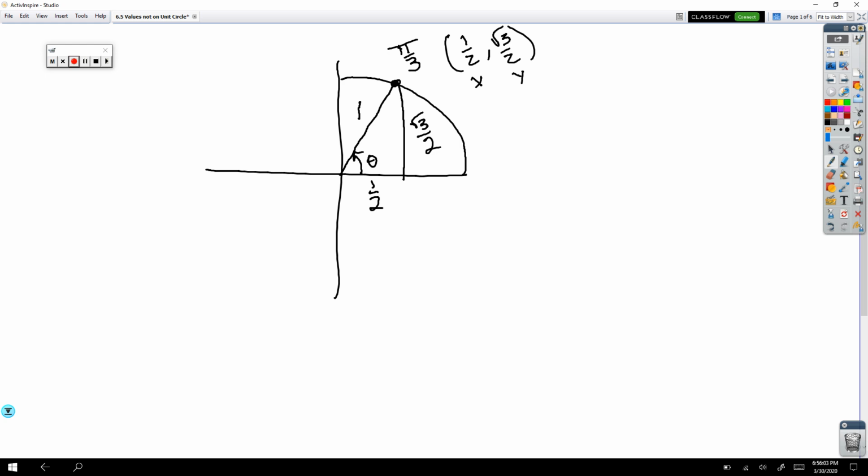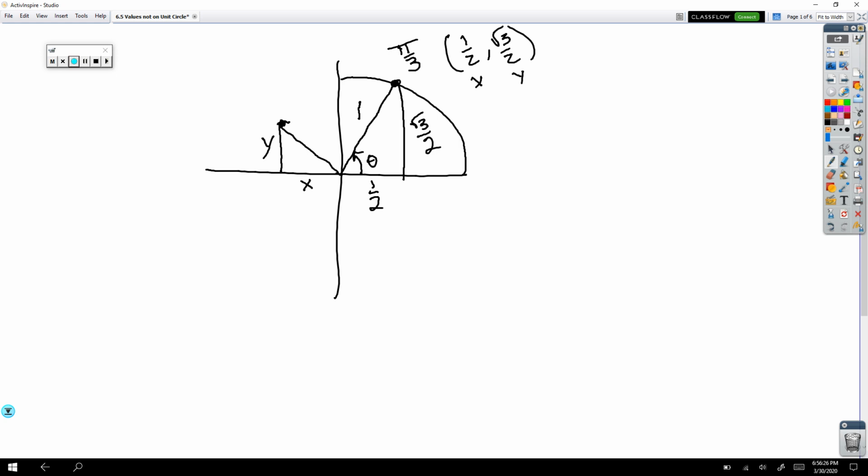So let's say I have the point that's right here, which gives me this triangle. Here would be my x distance, here would be my y distance. And the issue we run into when it's not on the unit circle is that my hypotenuse is no longer 1. And that's where we're going to run into issues.